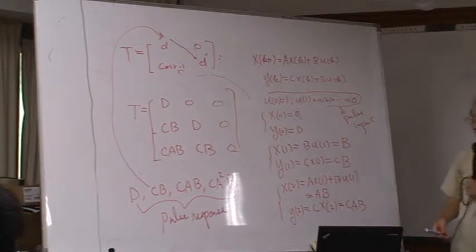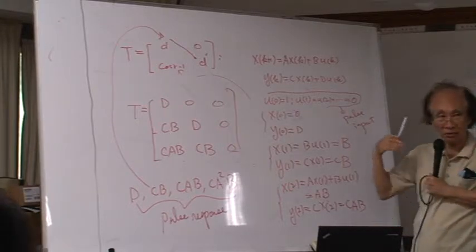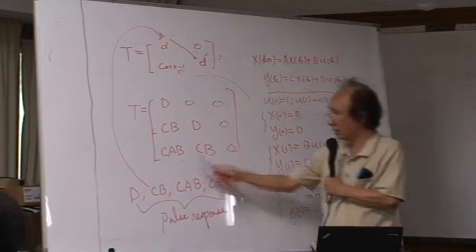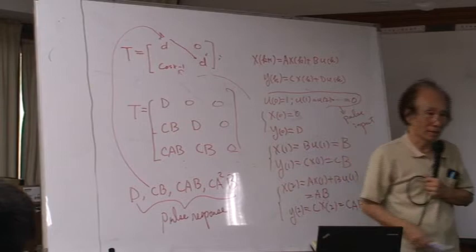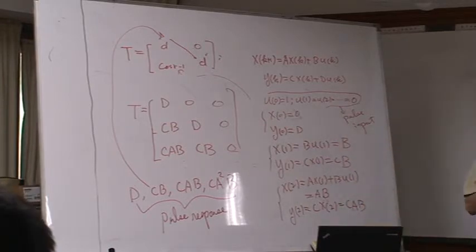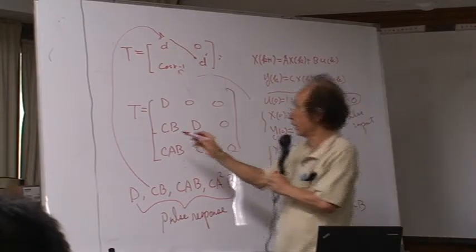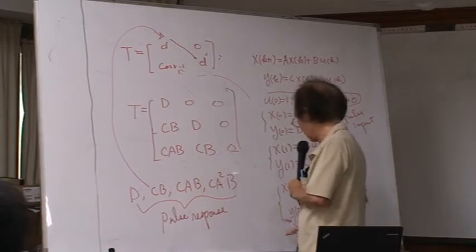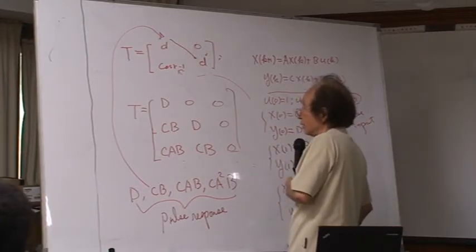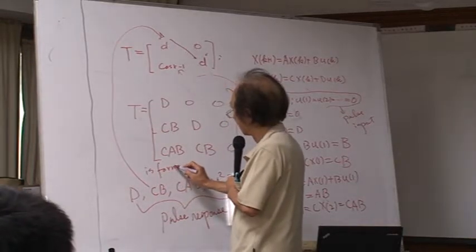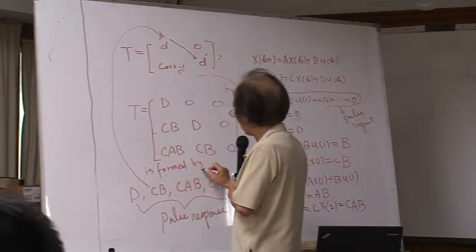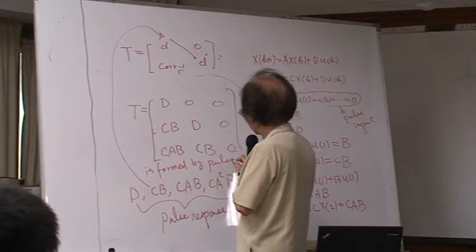What message do I try to pass to you? The message I try to pass to you is this script T matrix is really formed by the pulse response. That's all. That's the message. So the T is formed by pulse response.